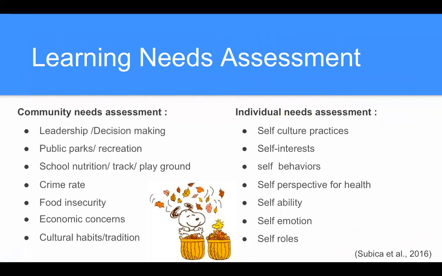Poor school meals and lack of PE classes might indirectly cause student obesity. A high crime rate causes people to stay home. Food insecurity means decreased access to affordable and nutritious food. Poor economic status means that people cannot afford to buy healthy food.